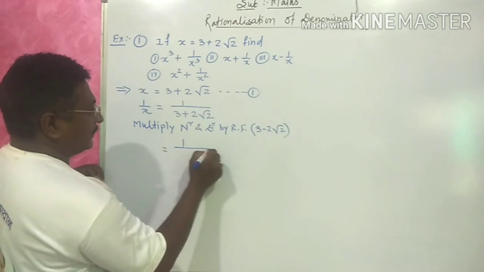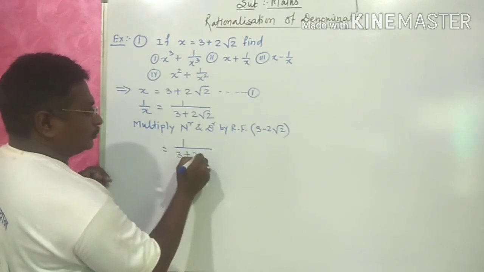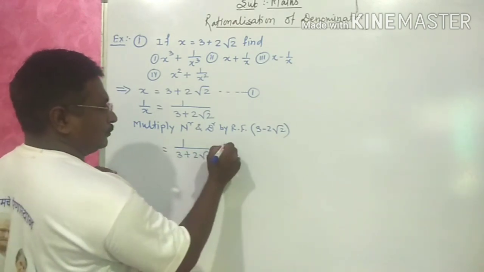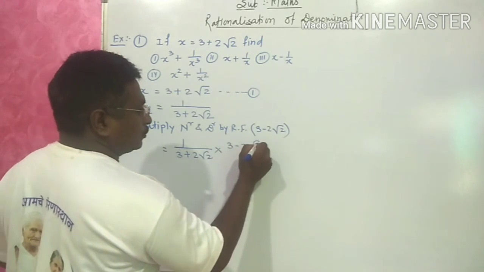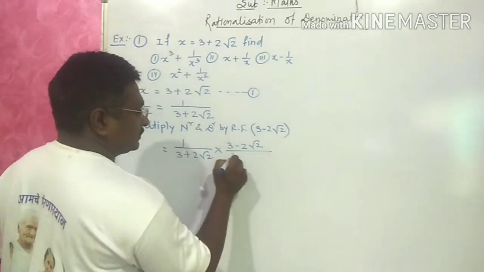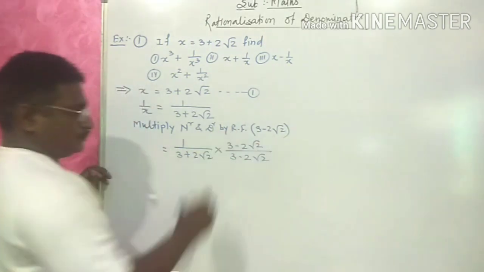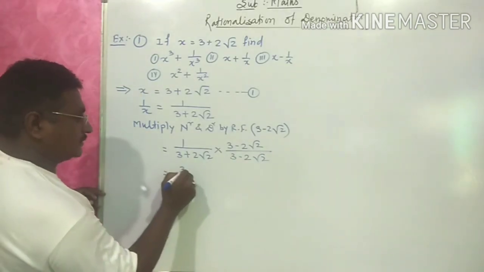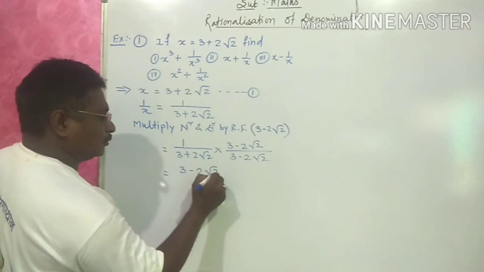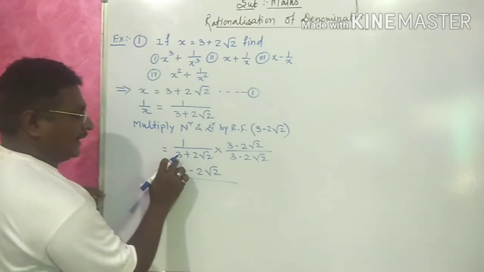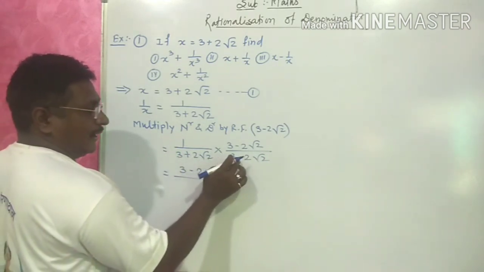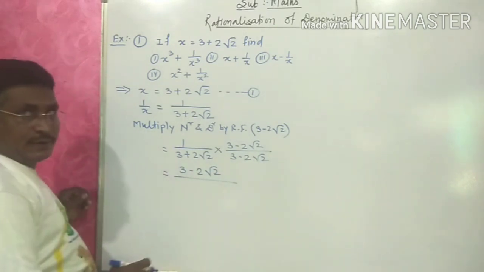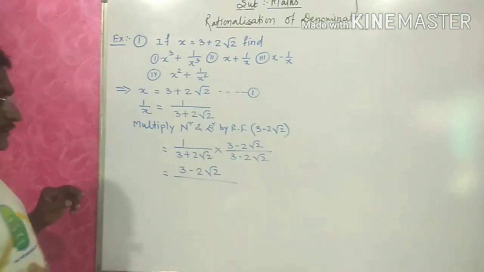1 by 3 plus 2 root 2 into 3 minus 2 root 2 by 3 minus 2 root 2. Now, (3 plus 2 root 2)(3 minus 2 root 2) is of the form (a plus b)(a minus b), so what will we get? a square minus b square.